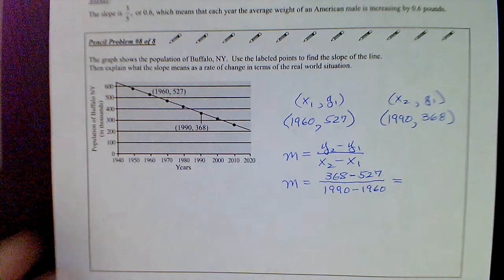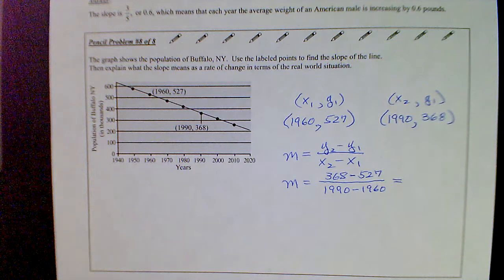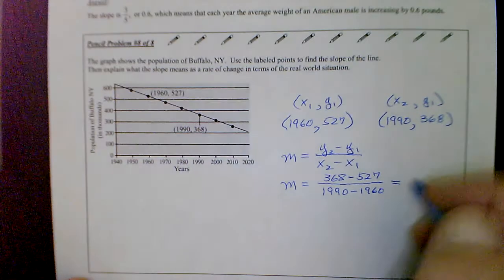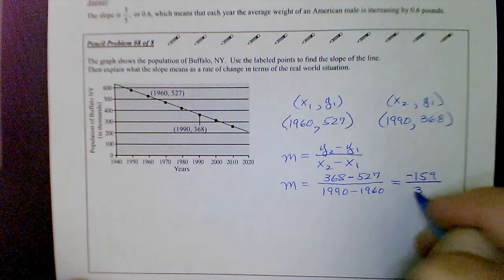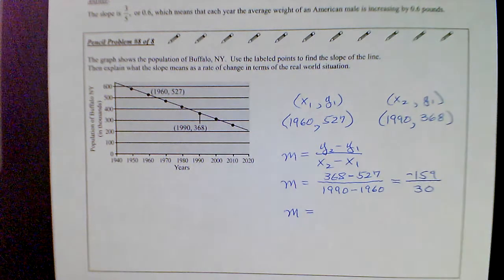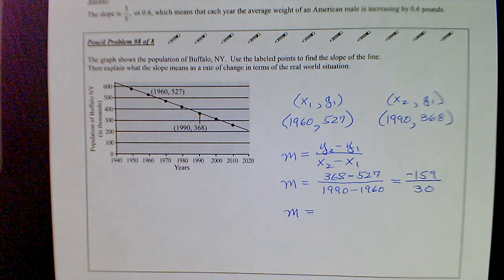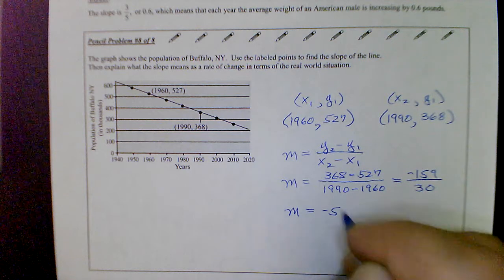That gives us, go to the calculator, 368 minus 527 is negative 159 over 30. So our slope is, just divide that out literally, we get negative 5.3.